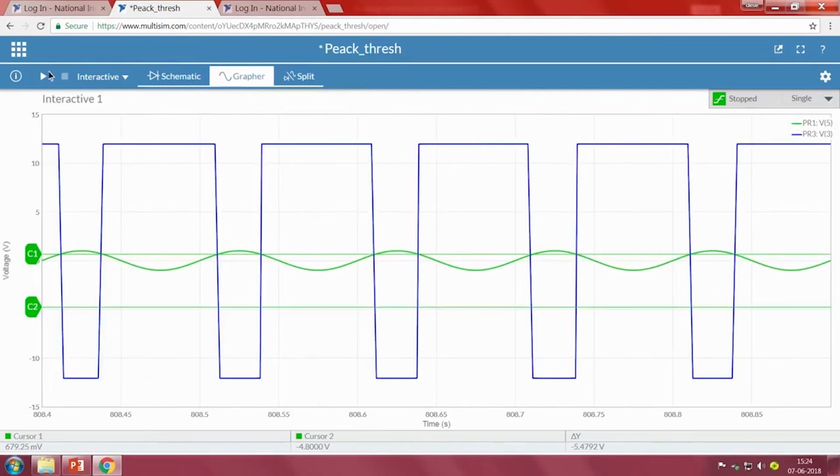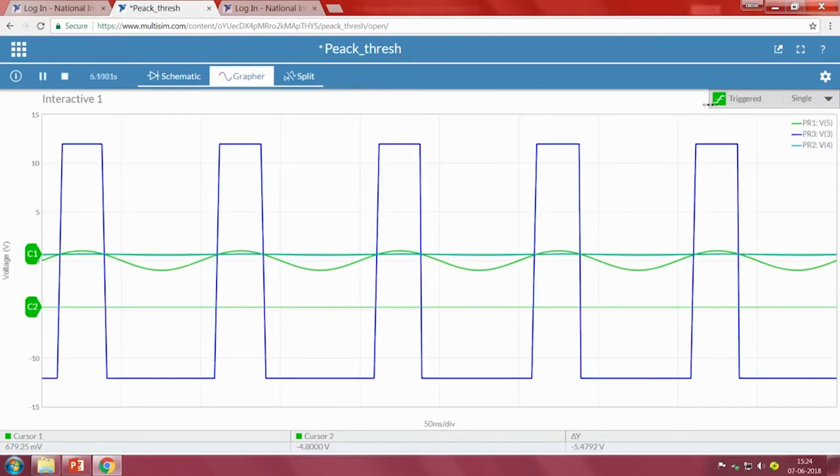So grapher, now see what is happening. Yes, when we observe, C1 is at what point? C1 is at 679 millivolts. So we require 666. Now we see the output is becoming higher only when the input is greater than this particular threshold.